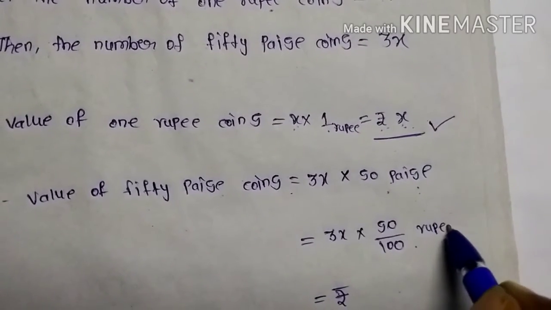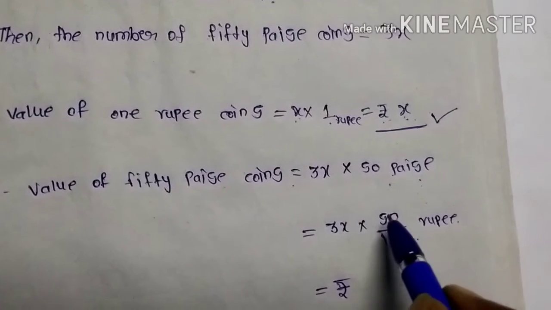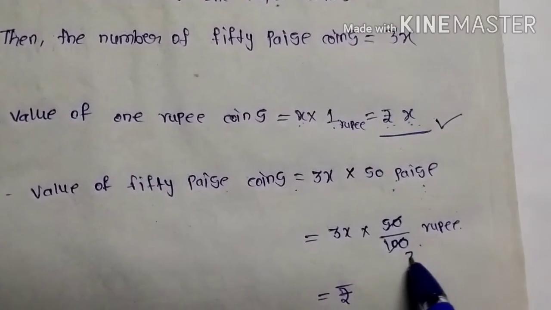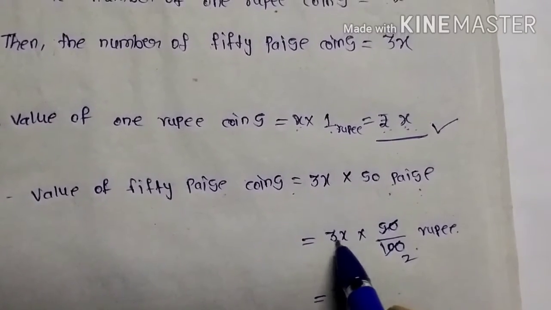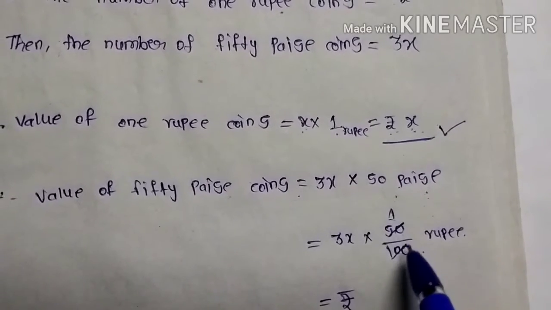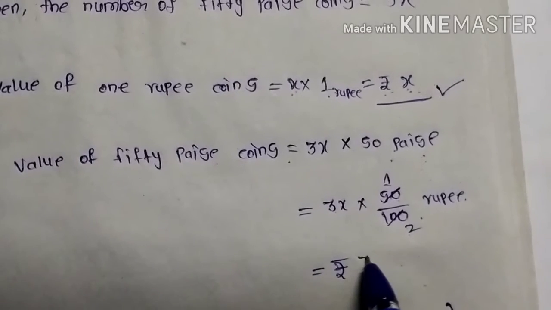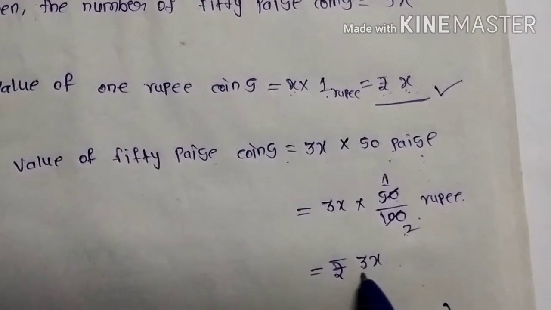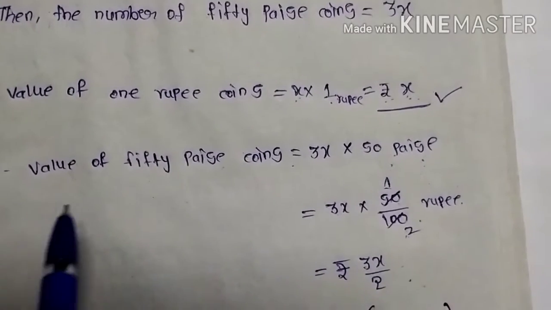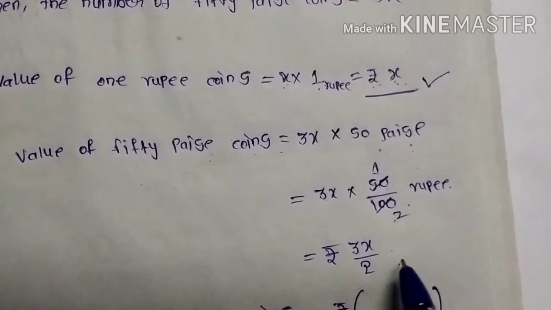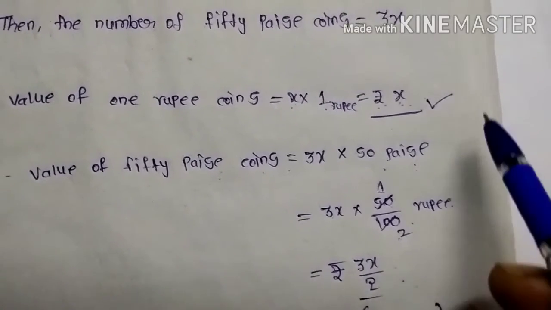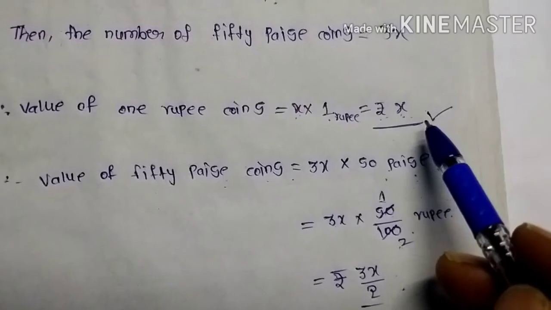It will become rupees. See here, 5 ones are 5, 5 twos are 10, or not? Yes. That means 3x here you can write as 3x into 50 by 100, which is 1 by 2. That means 3x into 1 you will get how much? 3x only by 2. That means the value of 50 paise coins is equal to 3x by 2 rupees. 1 rupee coins will be x only.